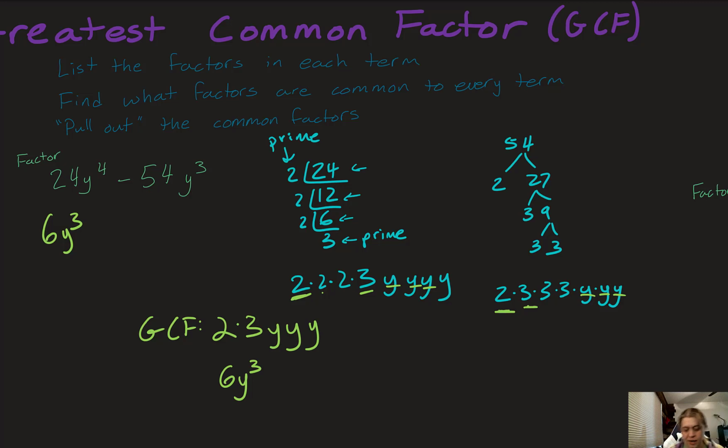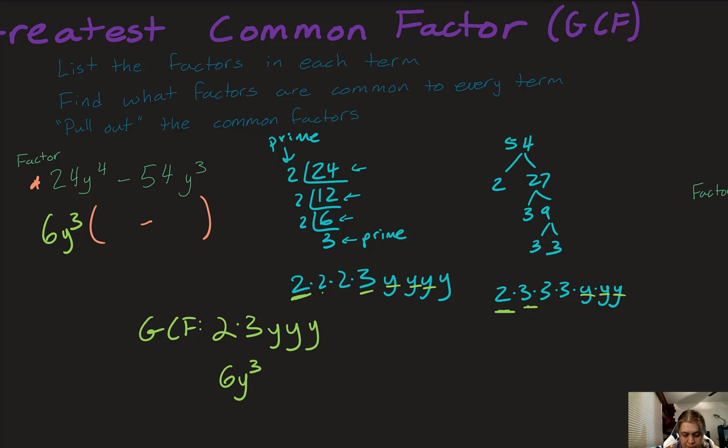Then the next thing I have to wonder about is, what is left in each of my terms? I started this thing off with 2 terms, so I need to make sure that I still have 2 terms down here. My GCF is positive, so I'm going to keep all of the signs the same. The first will be positive, then there's a subtraction sign on my second term.